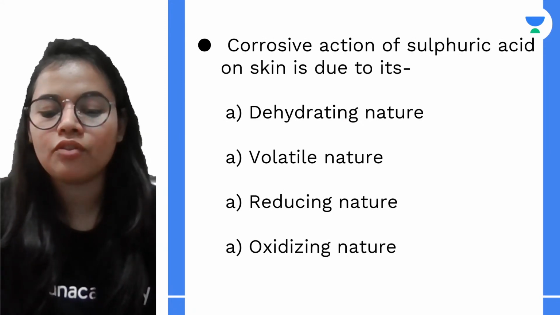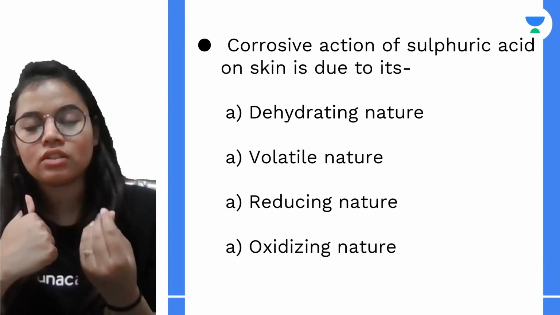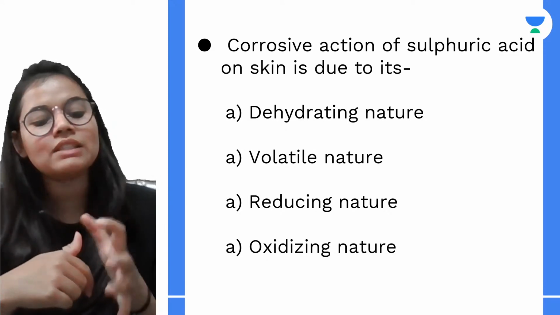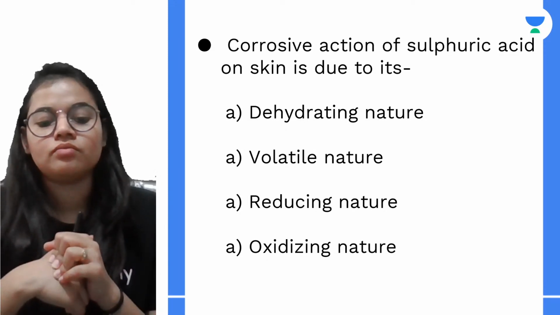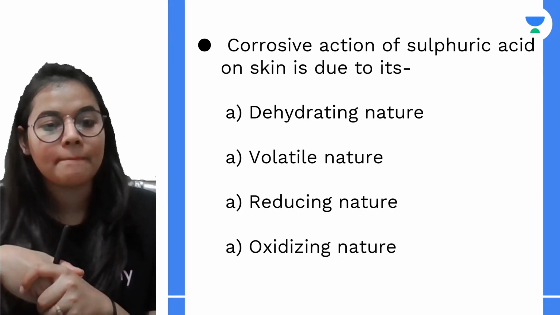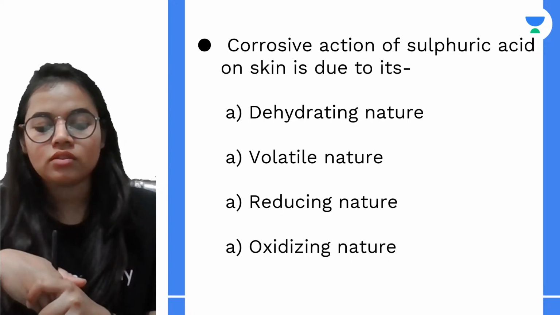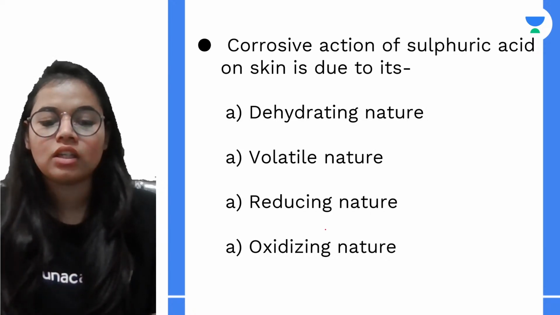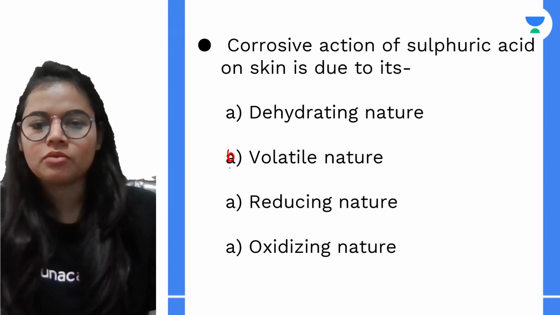Corrosive action of sulfuric acid on the skin is due to. तो sulfuric acid जो है बड़ा ही corrosion kind of effect देता है, तो किस nature की वजह से this effect is present? Correct. A और B? First of all यहाँ सारा A हो गया है, so I'm sorry for that.